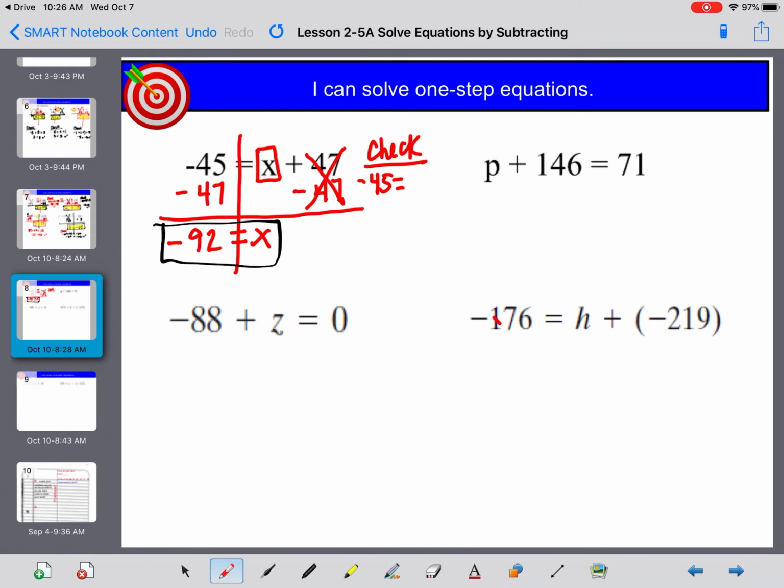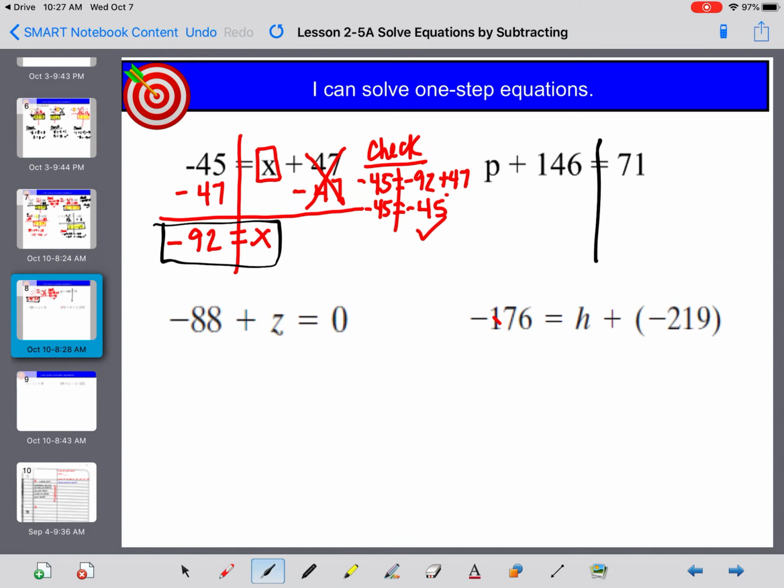So negative 45, does that equal negative 92 plus 47? I subtract the two numbers and I get 45, and then it's a negative answer because 92 is the bigger absolute value, and so yes, this is right.